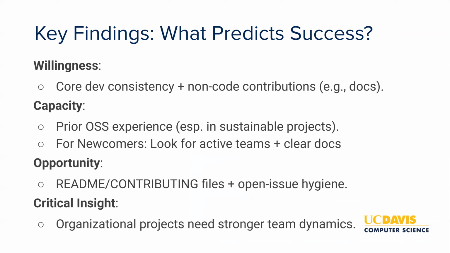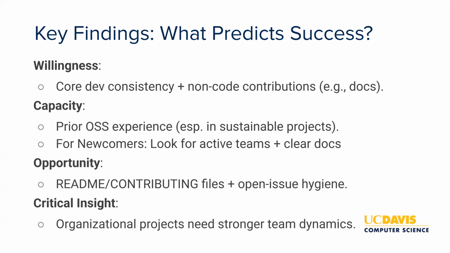Open source projects often struggle with long-term sustainability, but this paper highlights that early participation is a key predictor of success. The study analyzed about 300,000 GitHub projects and found that three major factors, willingness, capacity, and opportunity, significantly impact project survival.